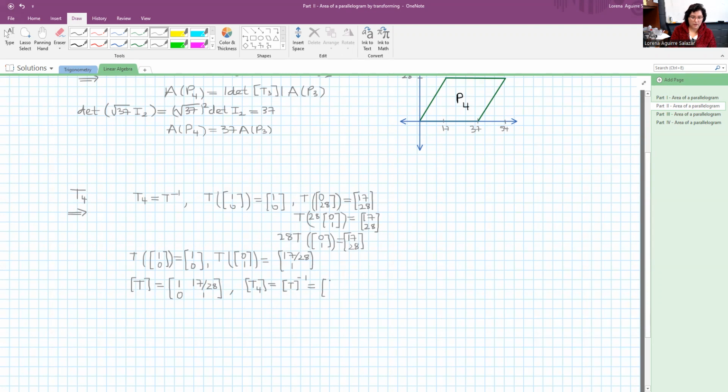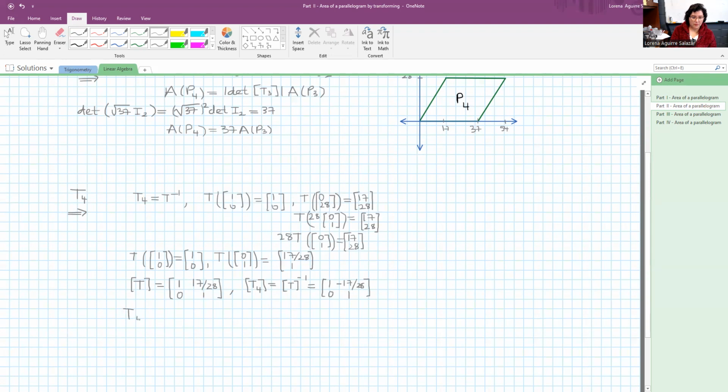And then we swap diagonal entries and change the sign of the off-diagonal entry to get this. Okay. Now our new parallelogram will look like a rectangle, and let's confirm that.